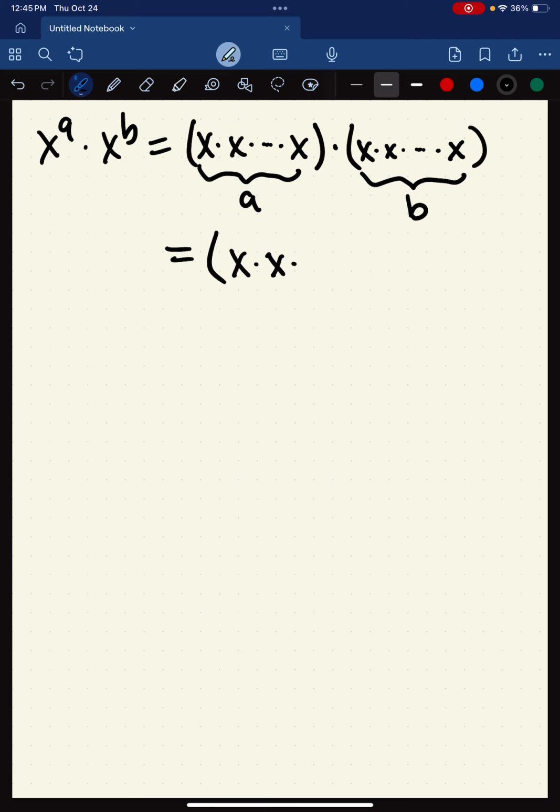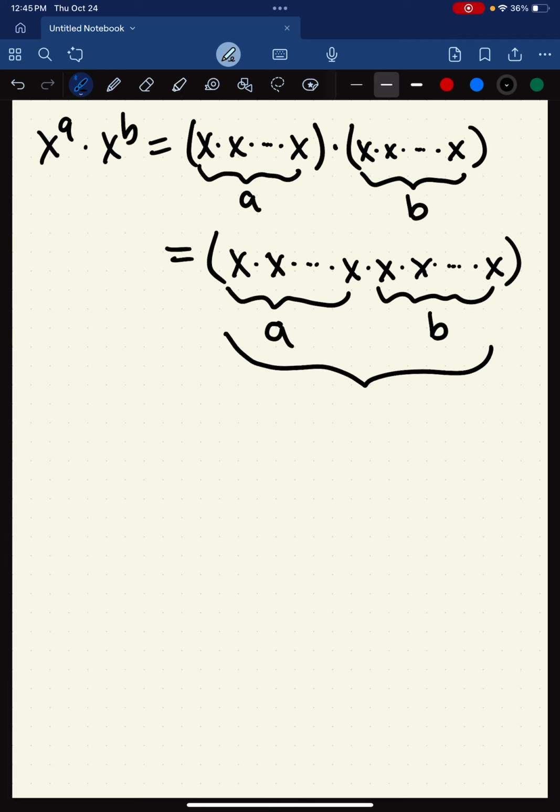By the associativity property, that gives us x times x times x times x times x times x. There are a of these, there are b of these, so in total that gives us a plus b of those. So that's x to the power of a plus b.